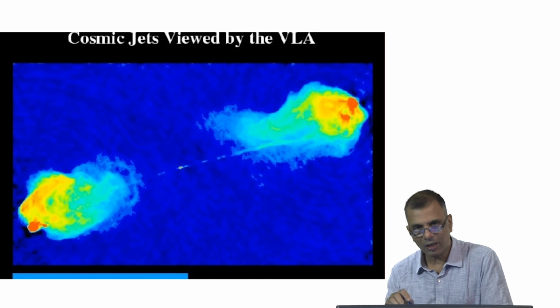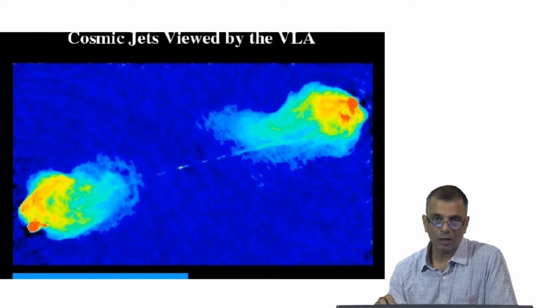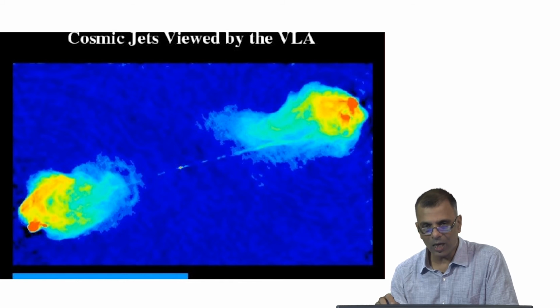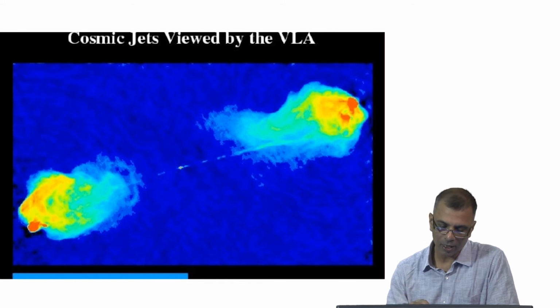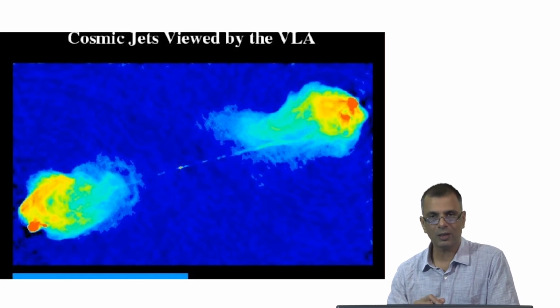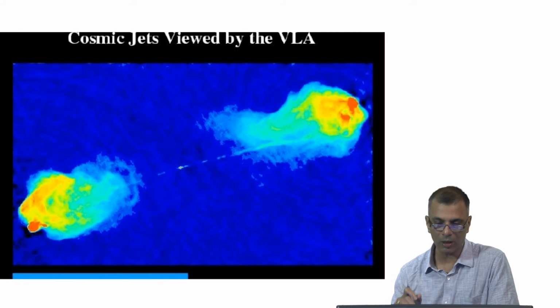All of this is not terribly important to us for the purposes of our present discussion. Our present discussion mainly centers on the fact that there are very collimated jets of matter that are being ejected from the central nucleus. That is it. And how is this happening? This is essentially what we want to discuss.